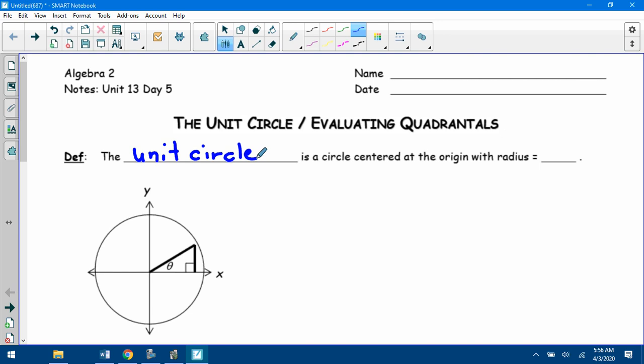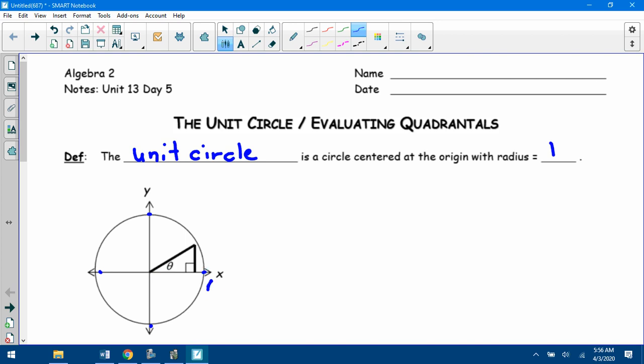So the unit circle is a circle centered at the origin, like this one in the picture, with a radius equal to 1. That's kind of the key. Unit means 1. So if the radius equals 1, remember the radius is from the center out, then you should be able to tell me what all of these points are. If this is a radius of 1, then I'm going out 1, up 0.